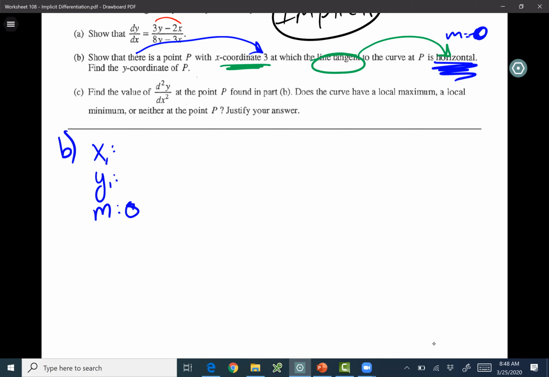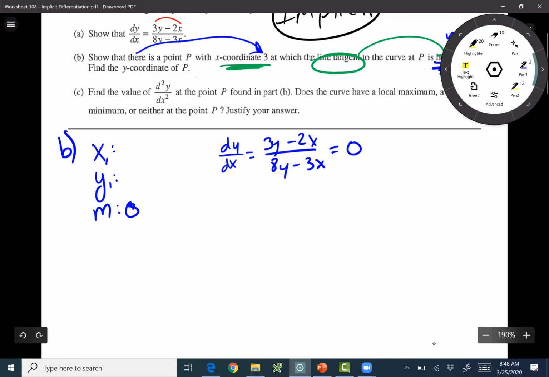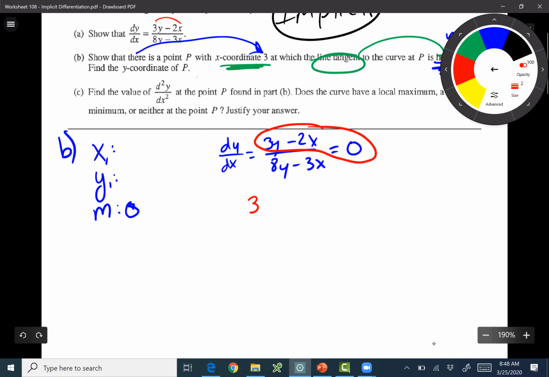Because of that, what we can do is say, okay, dy dx equals 3y minus 2x over 8y minus 3x, and that equals 0. And that gives us, like we said before, 3y minus 2x equal to 0.